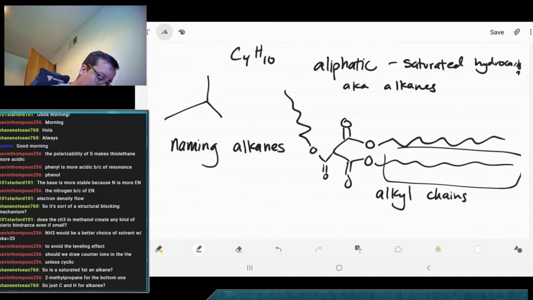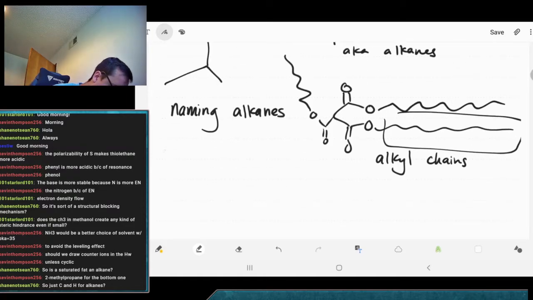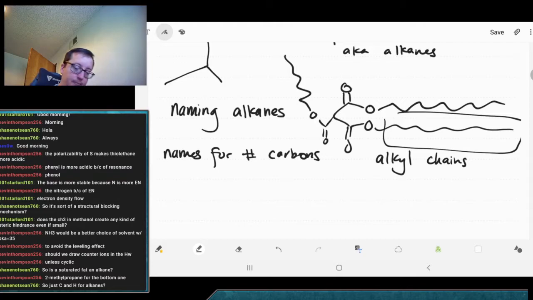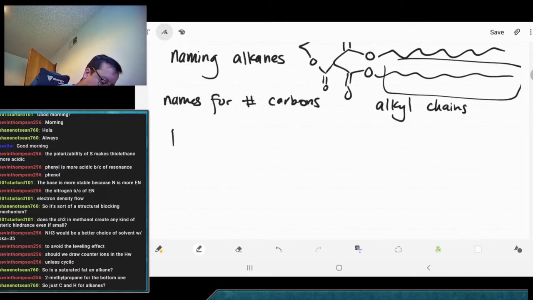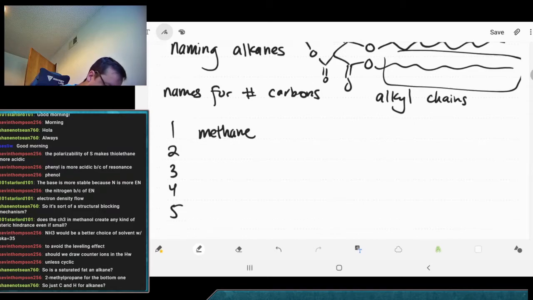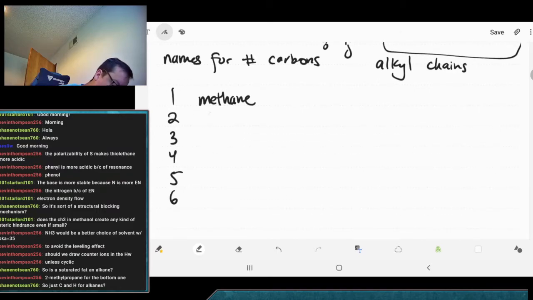So, first things first, we need to learn the names for the number of carbons. If we have one carbon, that's called methane. We'll learn all these fun names. 2 carbons is ethane, propane.